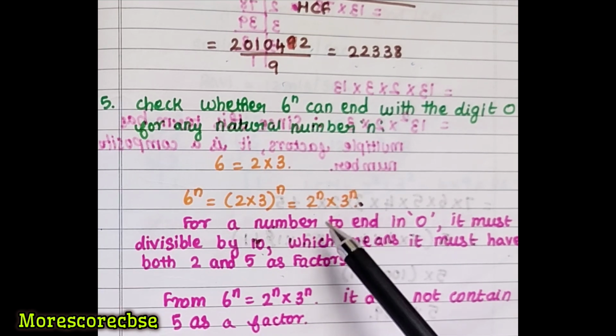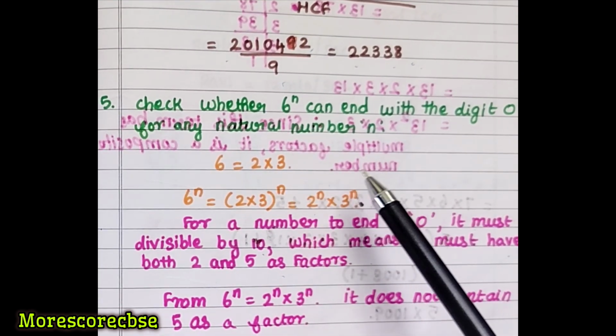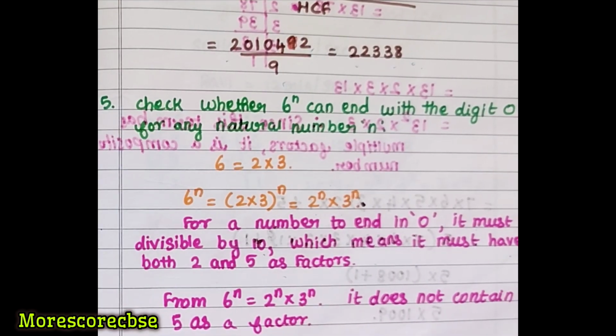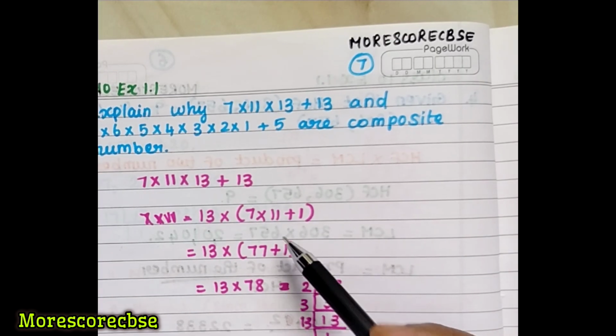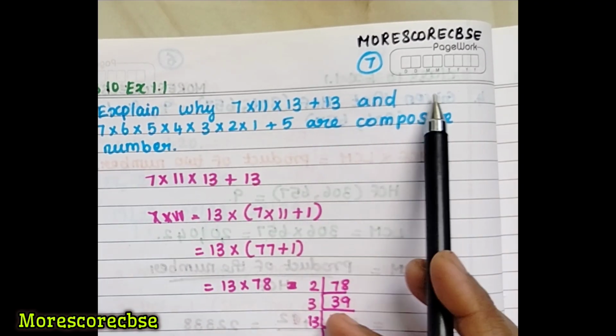But here we already know that 6 has no factor 5. It has the factors 2 and 3. So 6 power n does not contain 5 as a factor, and hence it cannot end with 0 for any natural number n.